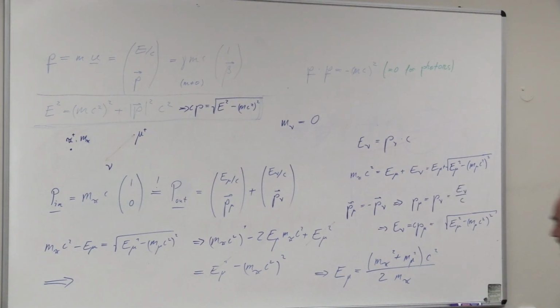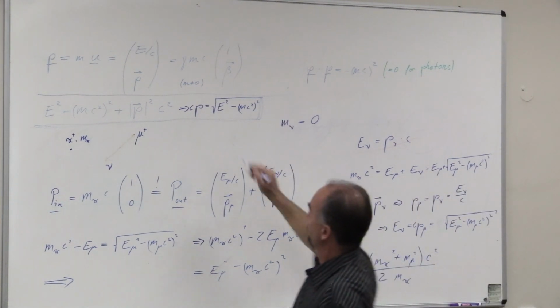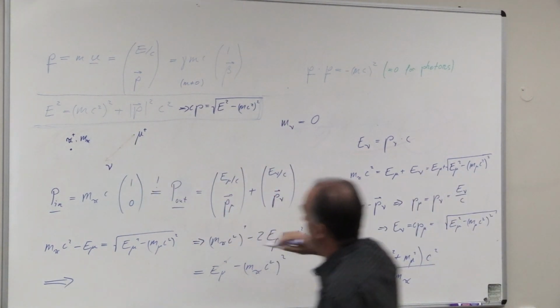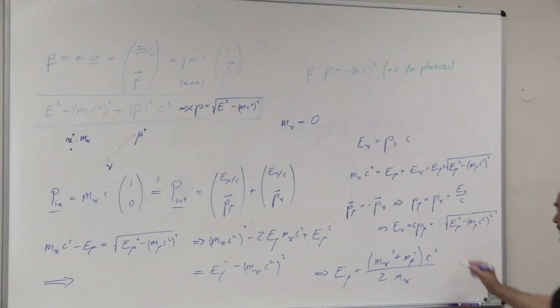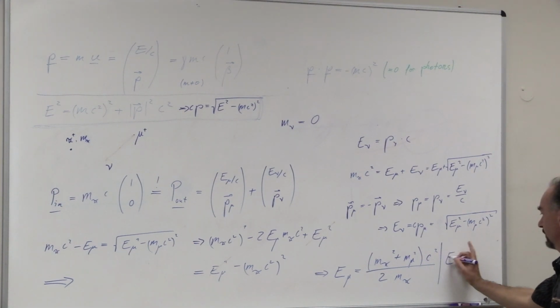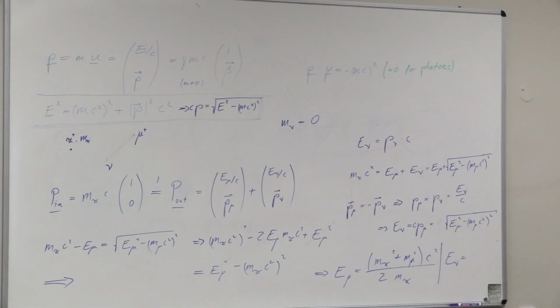Alright, so we know the energy of the muon. With this, we also know the momentum of the muon. How would you calculate the energy of the neutrino now? It's not difficult. Do we have to go through the same thing again for the neutrino, or what do we do? We can calculate the energy of the neutrino.